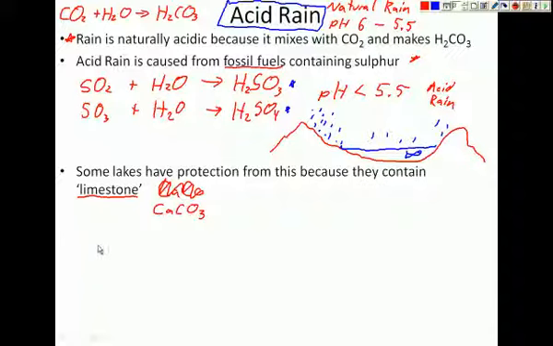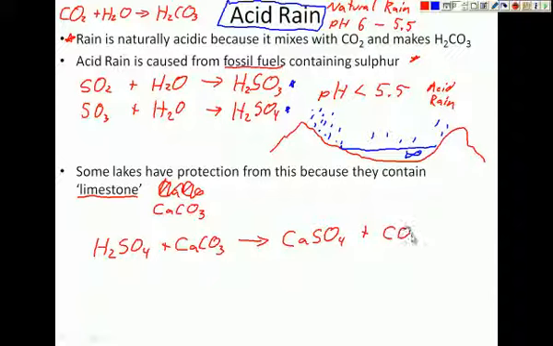Say H2SO4 started to come into the lake, and around the lake is a lot of calcium carbonate, or limestone, CaCO3, in the lake and along the mountainsides. The calcium carbonate can combine with the sulfates and almost neutralize this strong acid that's coming in.